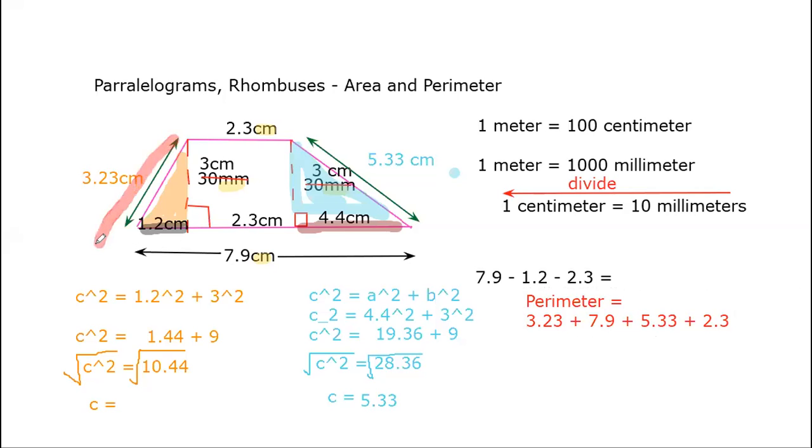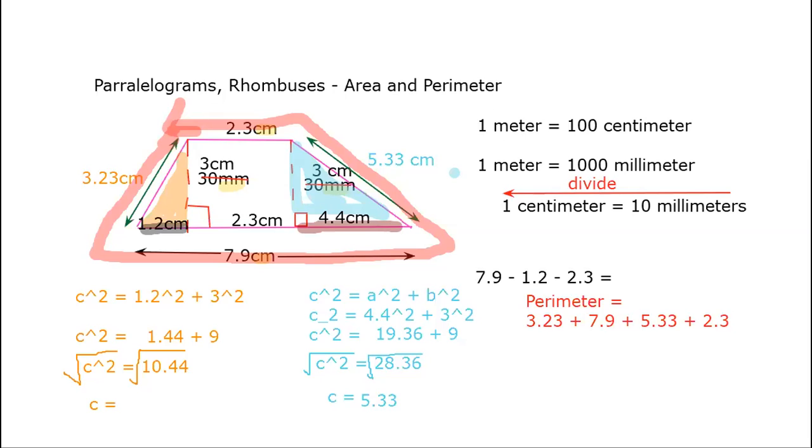There's your 3.23, 7.9, 5.33, 2.3. That's all the way around the outside. That is your perimeter. We just had to take 2 extra steps to figure out those 2 missing side lengths. So trapezoids will give you a little difficulty on your perimeter because you're going to have to bring in everything you've learned about triangles to find missing lengths sometimes.